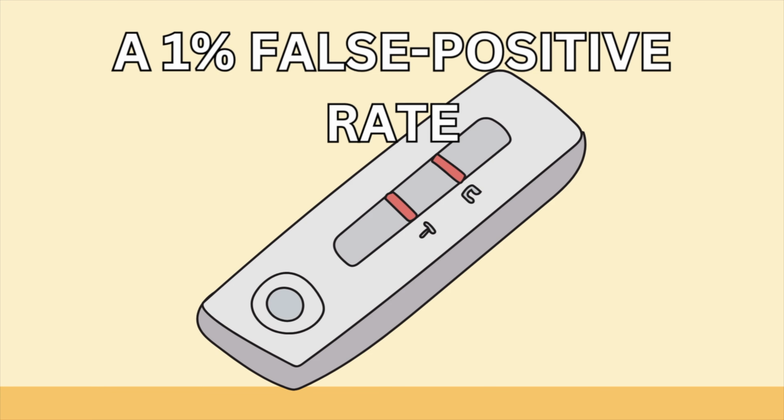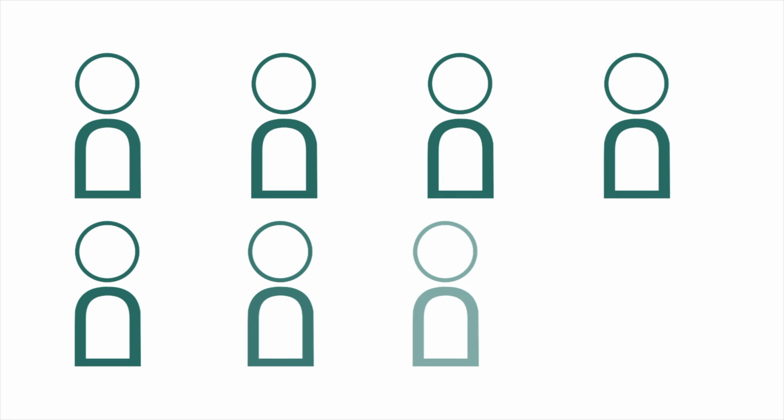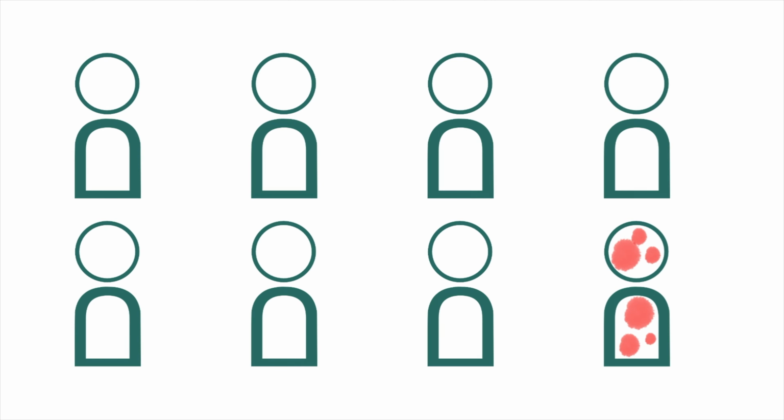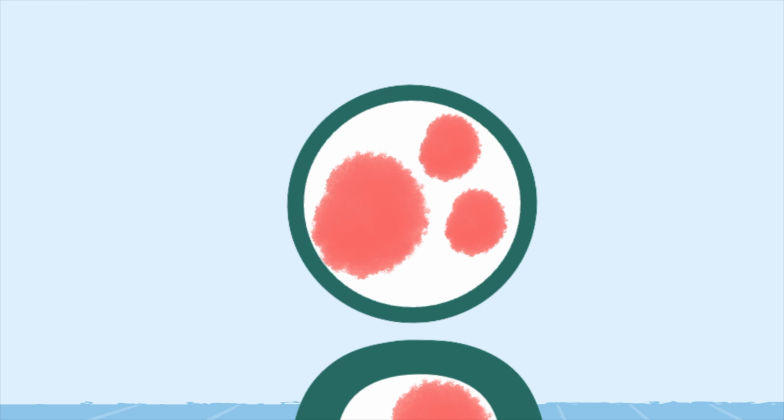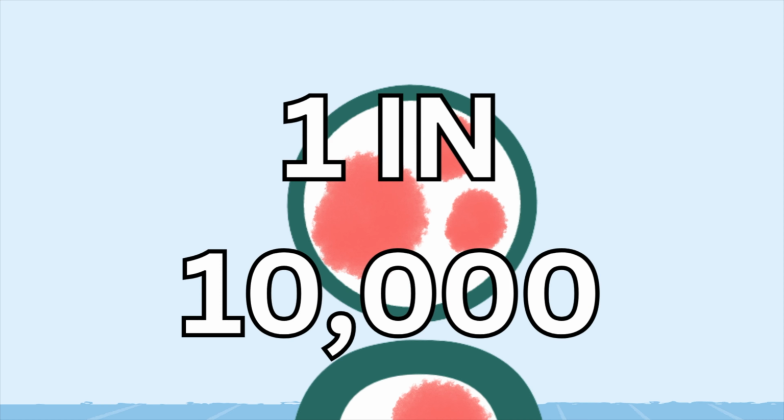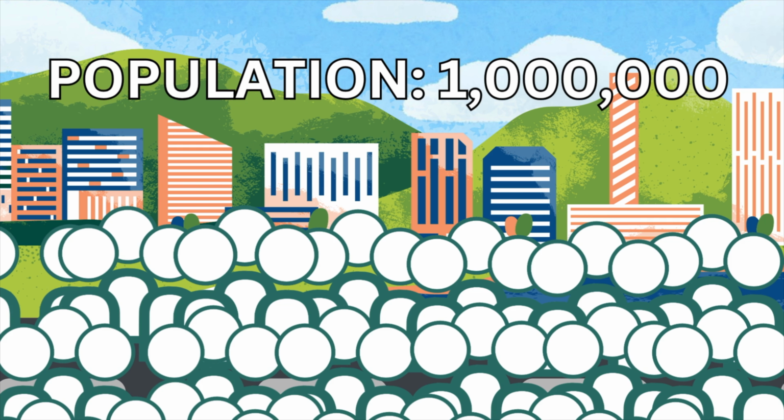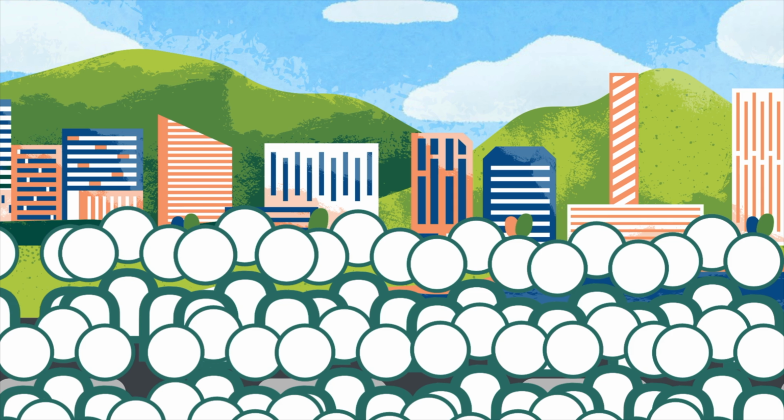A 1% false positive rate means many more healthy people than sick, so false positives outnumber the true cases. For example, assume the prevalence of disease X is 1 in 10,000 and the population is 1 million. There should be 100 cases.